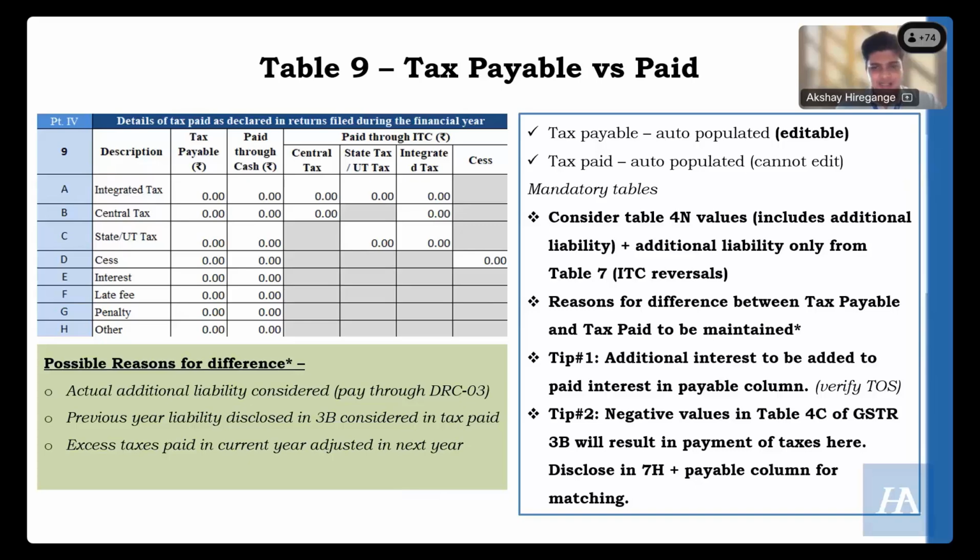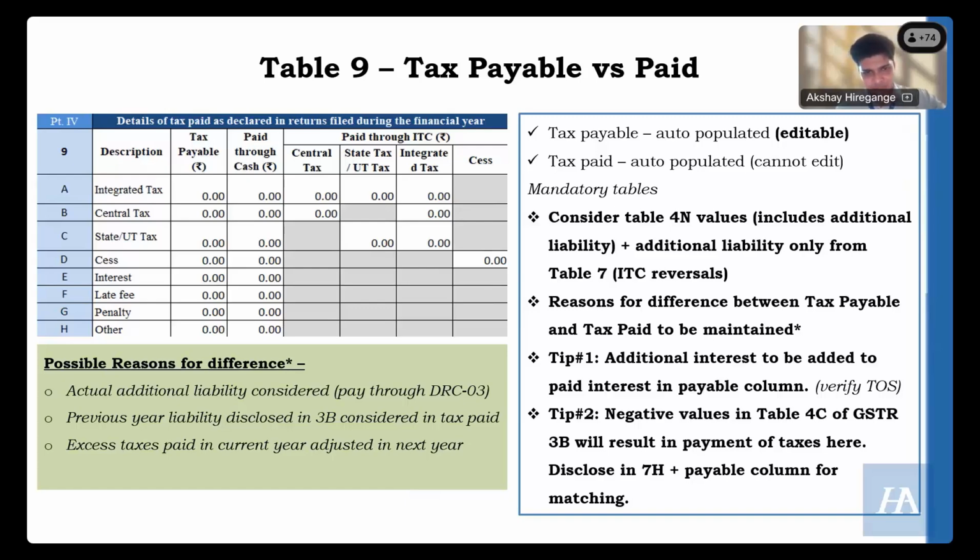To this extent, there is no requirement to add in tax payable. There are of course two options. One, you can add it in 7H, show it in tax payable, and also consider it in table 9C. Alternatively, the better option is to not take any action, just have the reason for variance, that this is negative ITC disclosure of table 4C.